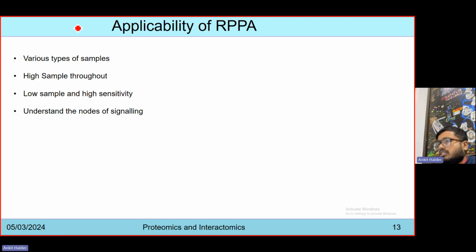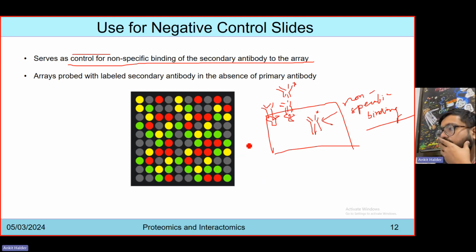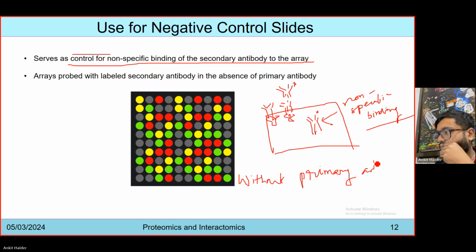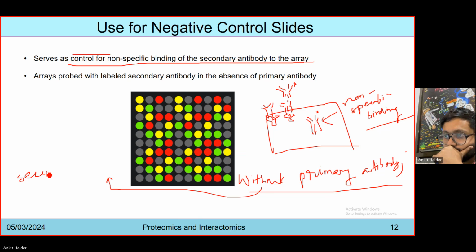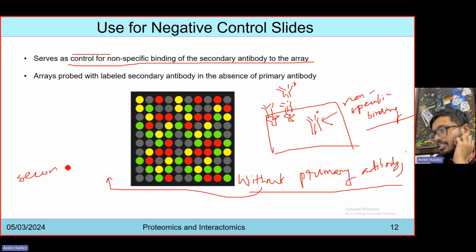So we have to keep one slide where, without the primary antibody, we are just giving the secondary antibody.